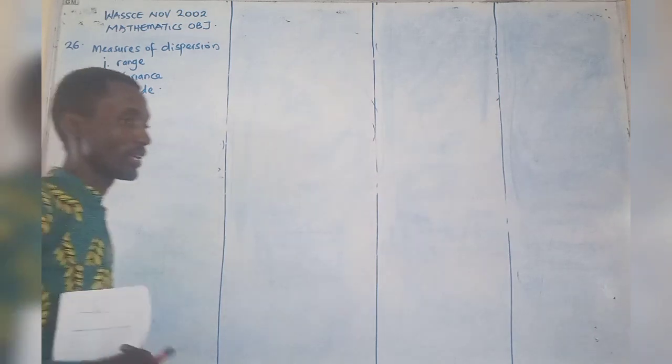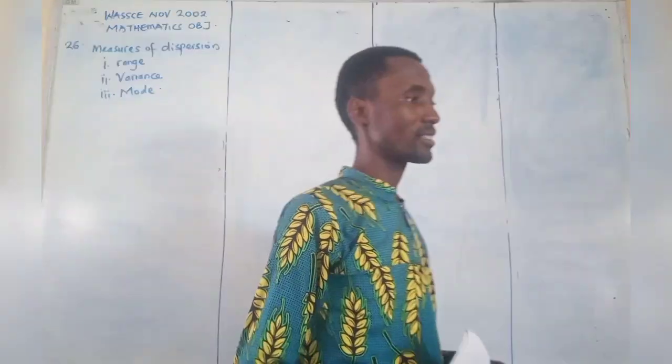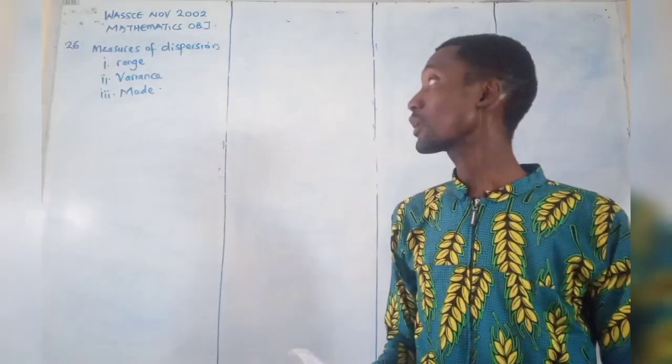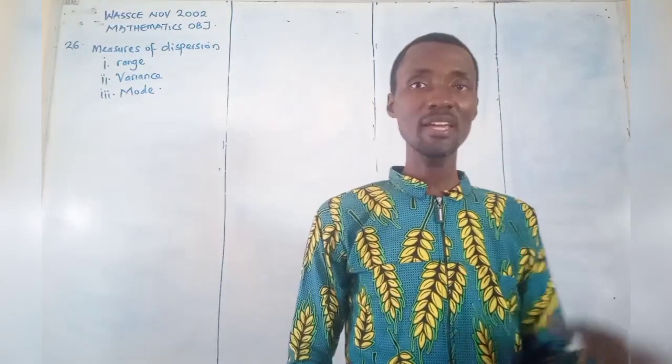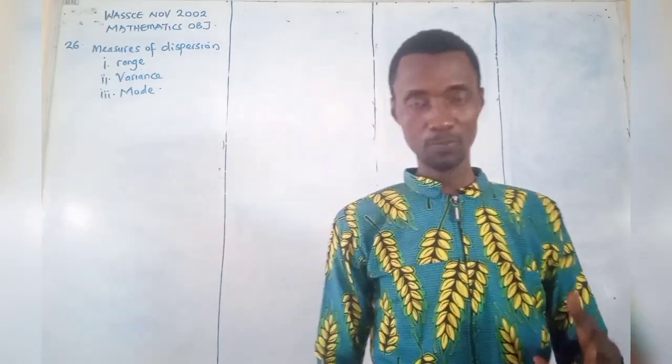So which of the following are not a measure of what? Dispersion. Now, when we come to statistics, there are two aspects we consider: measures of central tendency and measures of dispersion.